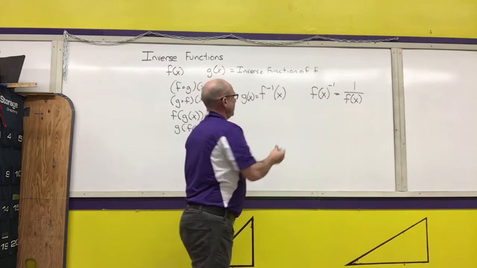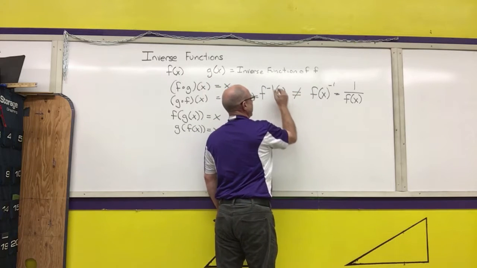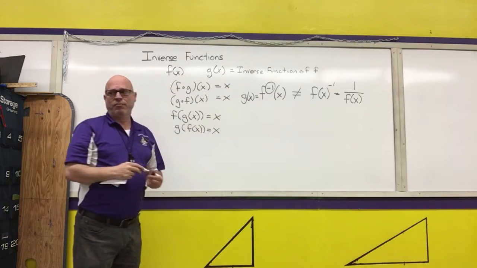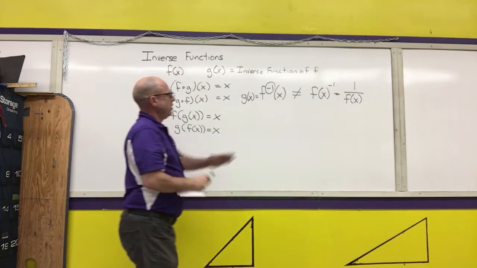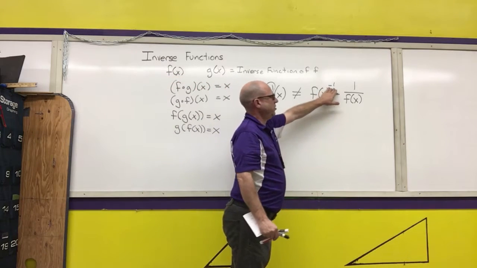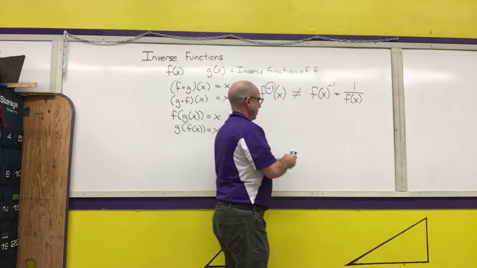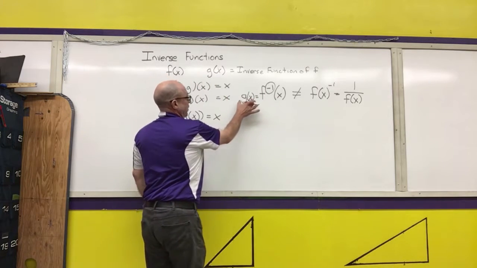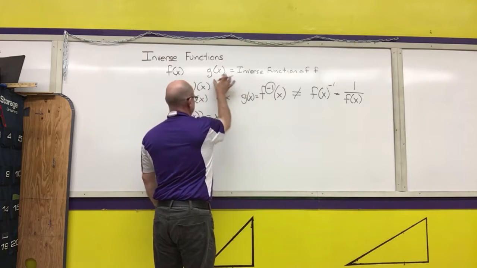These two notations are not the same. So pay particular attention to where the negative 1 goes. Okay, this one means it's an inverse function, and this one means, hey, I want to do the reciprocal operation on the function. So I can replace g of x with f inverse of x.